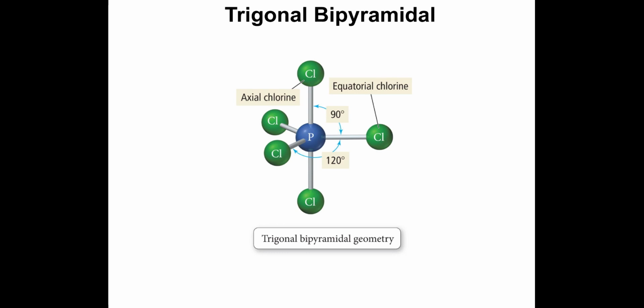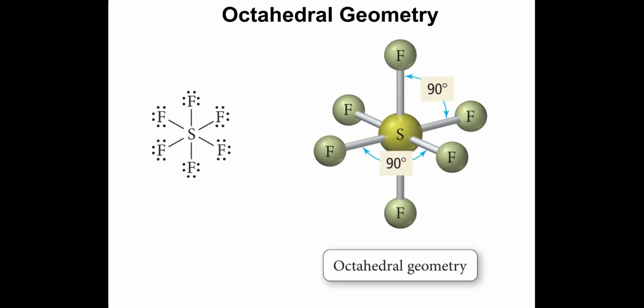So that's why we call them the equatorial position, or equatorial chlorine. So the equatorial position gives you a 120-degree angle of space, and then the axial gives you 90 degrees. And so if you have 5 atoms or 5 groups around your central atom, you're going to have a trigonal bipyramidal geometry.